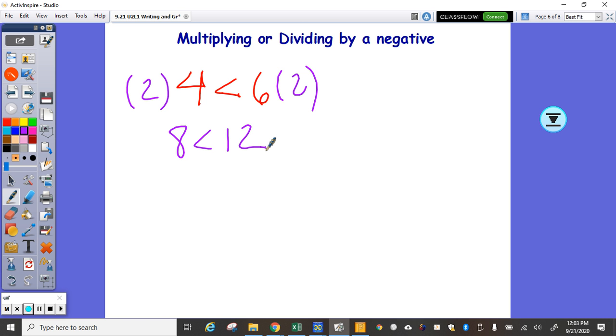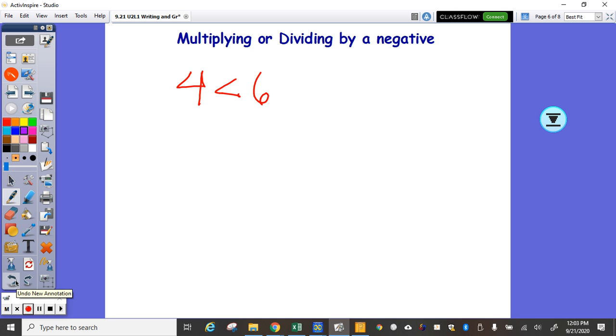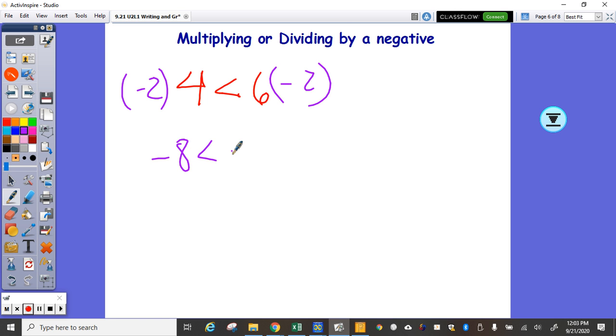Yeah, that's true. So if I multiply it by a negative 2, is that true? No. The base is greater.